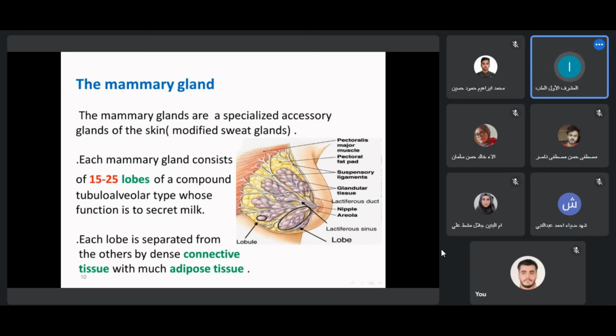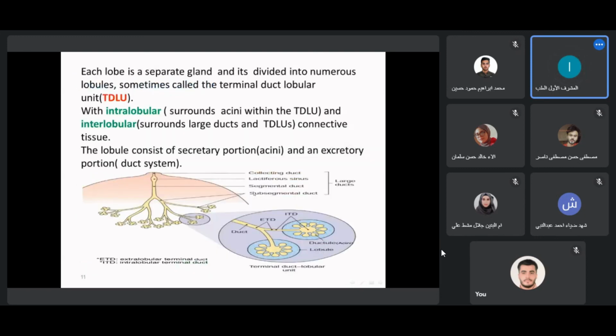Each lobe is separated from others by dense connective tissue and also supportive adipose tissue. Each lobe can be considered a separate gland, and it's divided into numerous lobules.